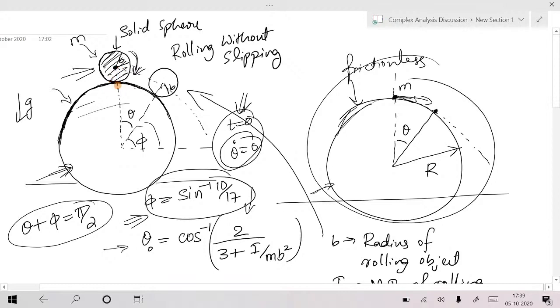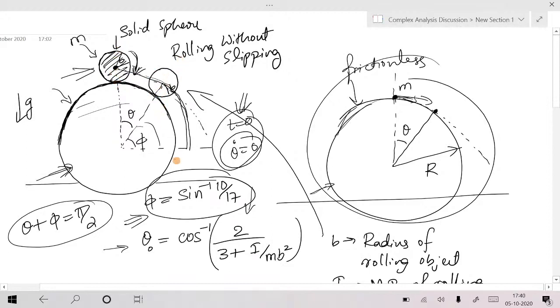Small sphere complete rotation, I'm not getting that one. Can you just elaborate? Are you thinking that it's going to move like this without leaving the surface? It will leave the surface. It will never move like this. After some distance, this normal reaction is going to be 0.